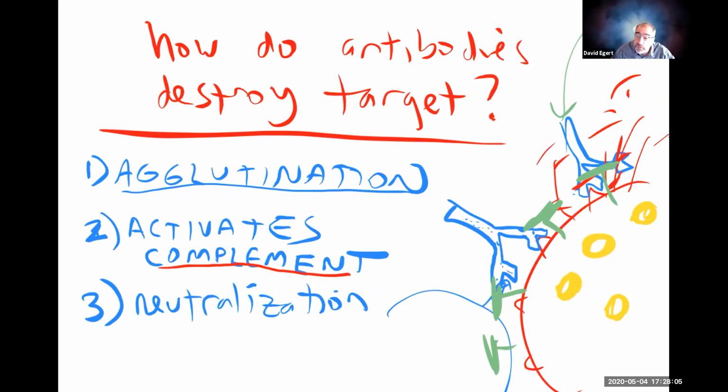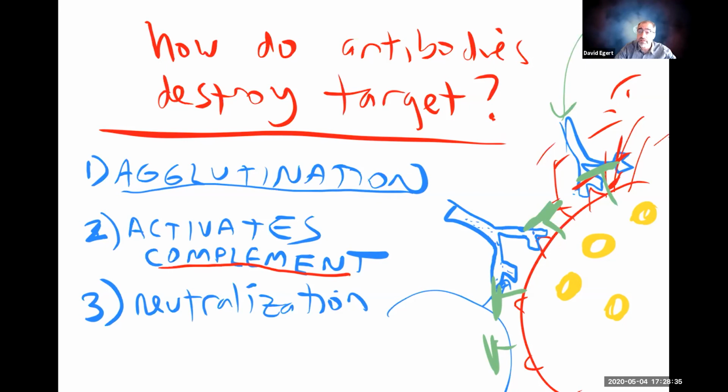Rattlesnake antivenom. If you ever get bit by a diamondback rattlesnake and they give you a shot of antivenom, it's actually an antibody against the venom molecule that does this neutralization thing. It binds the venom molecule and blocks the important sites on the molecule that are responsible for breaking down your body tissue.